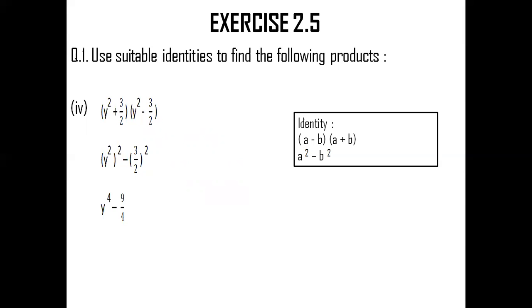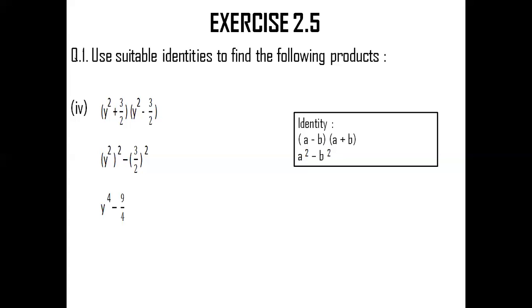You'll find here the question is (y squared + 3/2)(y squared - 3/2). The first and the second term are the same in both the brackets. What is different is the sign. The first bracket has a positive sign, that is y squared plus 3 by 2, and the second bracket has a negative sign, that is y squared minus 3 by 2.